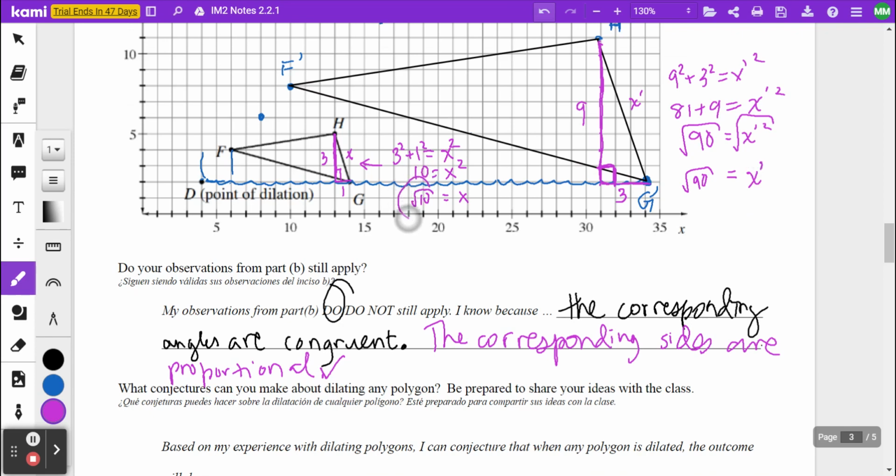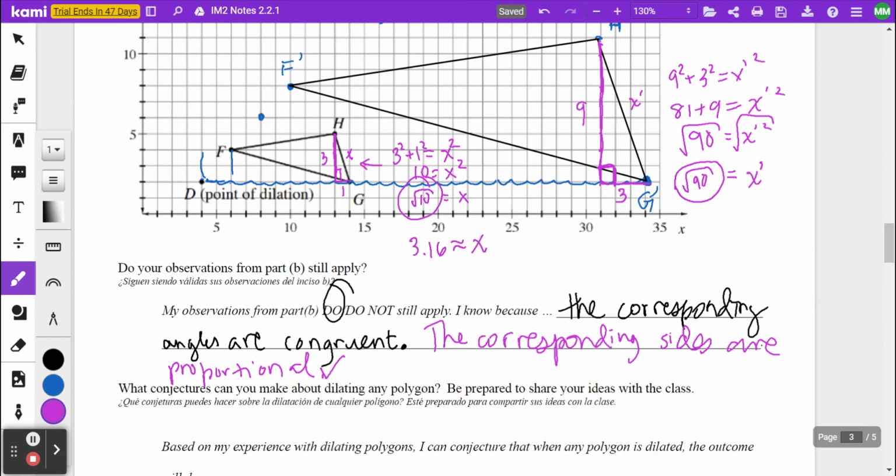And how can we check if the square root of 90 is 3 times the square root of 10? Well, I'm going to use a calculator. So the square root of 10, according to my calculator, is about 3.16. So 3.16 is about equal to x.